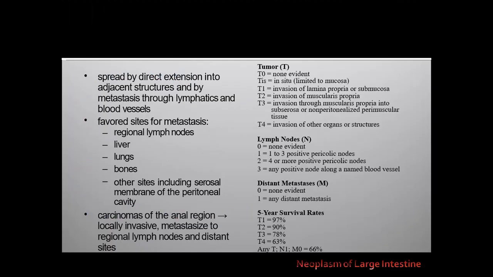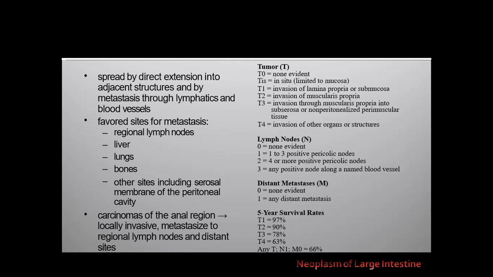The TNM is nowadays practiced universally. T is tumor, N is lymph nodes, and M is distant metastasis. By combining all these three, we stage A, B, C, and D. T0 is no evidence of the tumor.